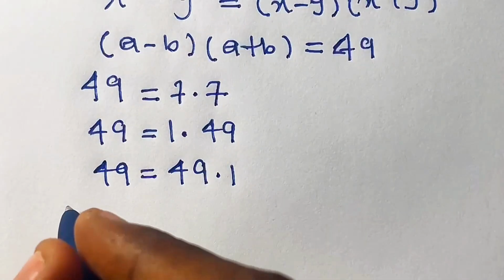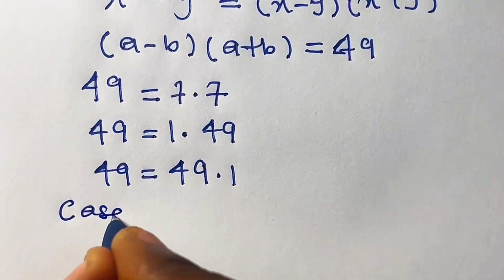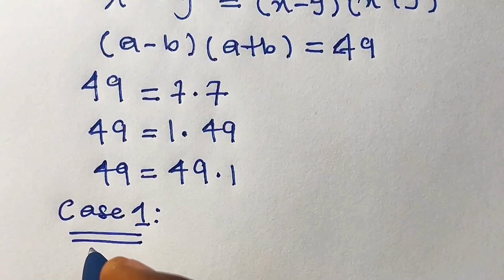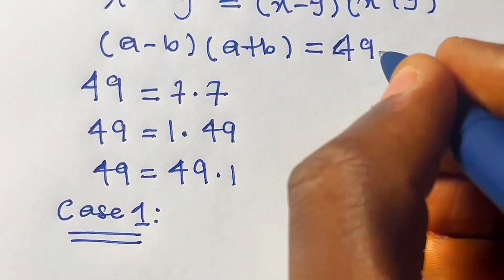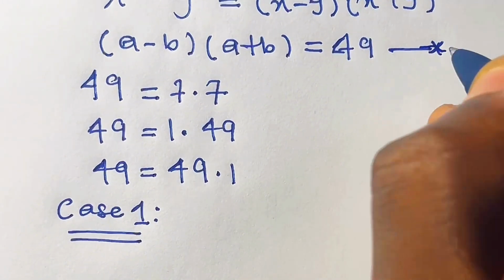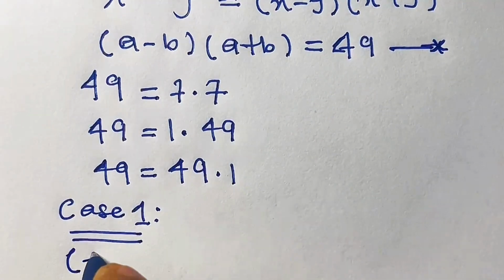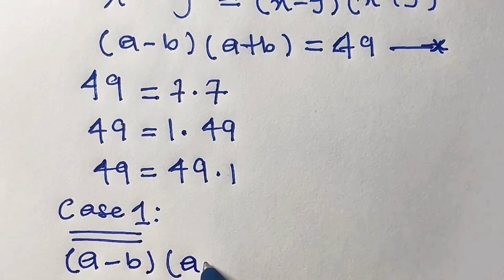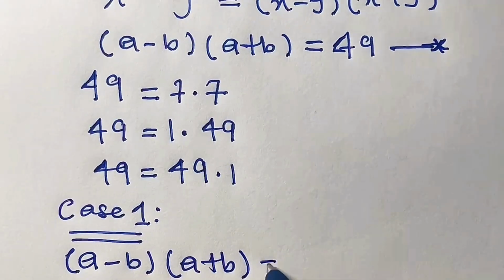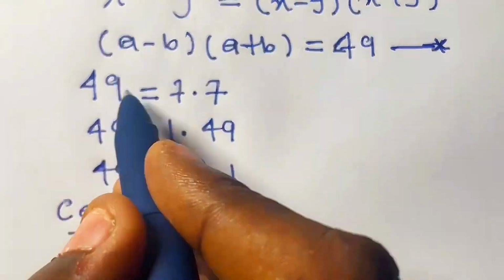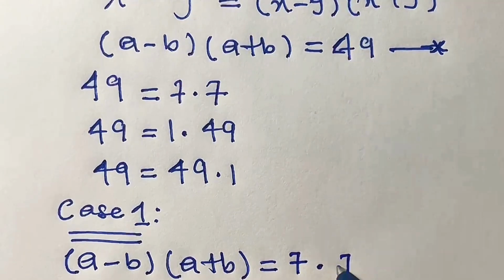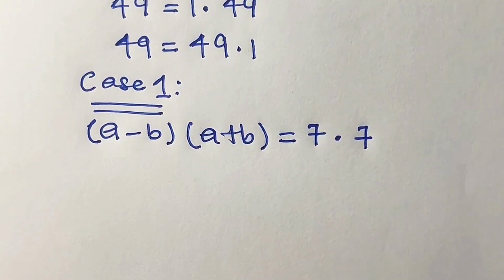So let's go by case 1. These are the resulting equations. We have a minus b multiplied by a plus b equals 49. So let's first use 7 times 7.